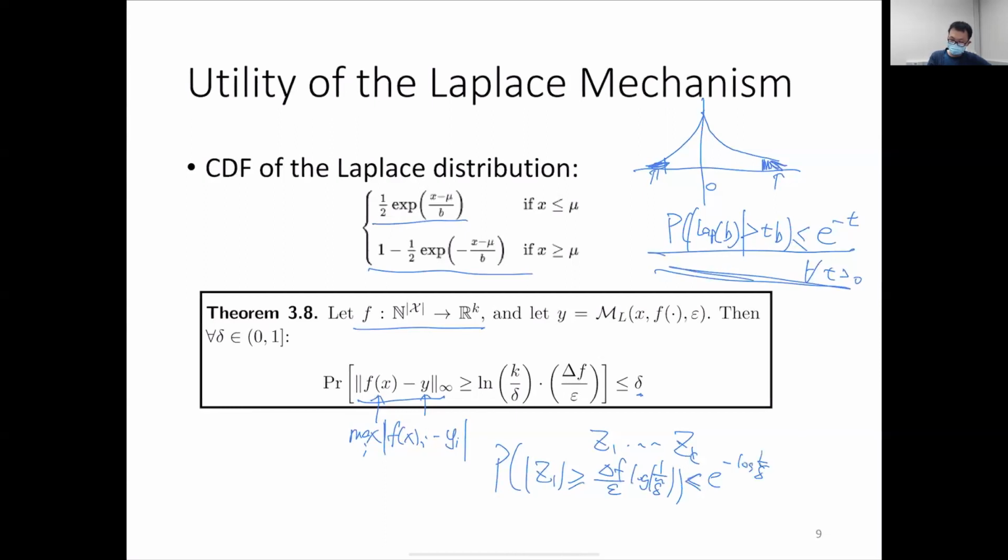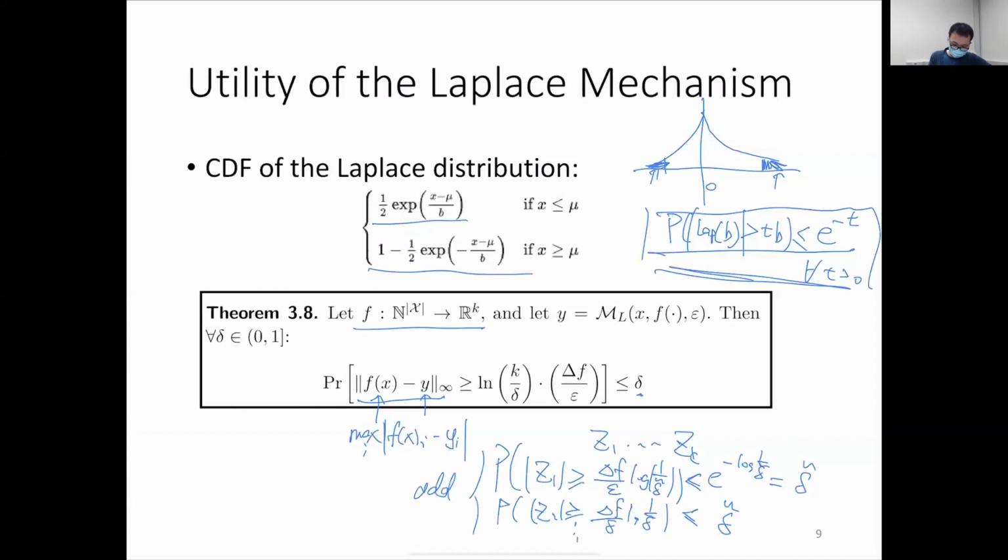I'm applying this inequality by substituting t to be log 1 over delta tilde, where delta tilde is something between 0 and 1, and this is equal to delta tilde. Then the probability of z_2 being larger than the same quantity is also smaller than delta tilde. We enumerate this all the way until k, and add everything up.